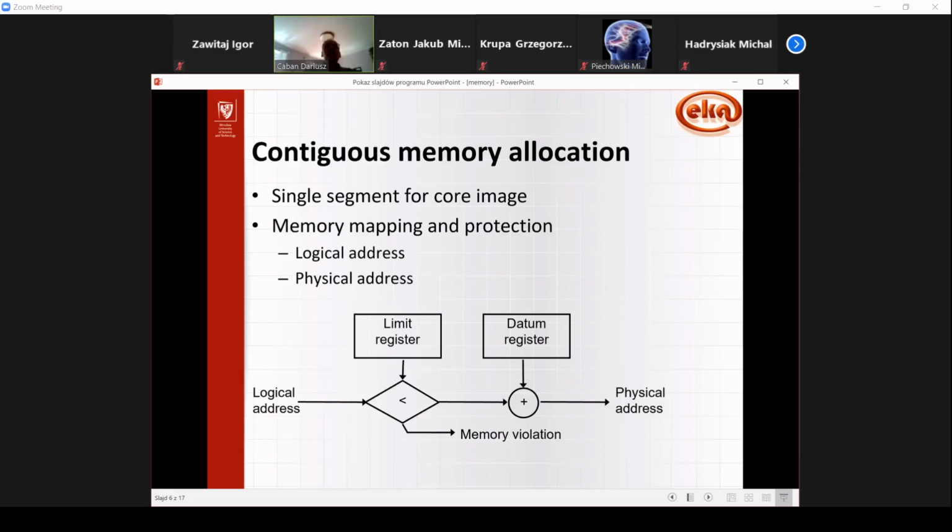If one program is released, the block becomes free, but blocks after it and before it are still used by other programs. So they are not free. So if you want to use that free space for a new program, you will end up with a problem that a number of programs will not fit into that block of memory.